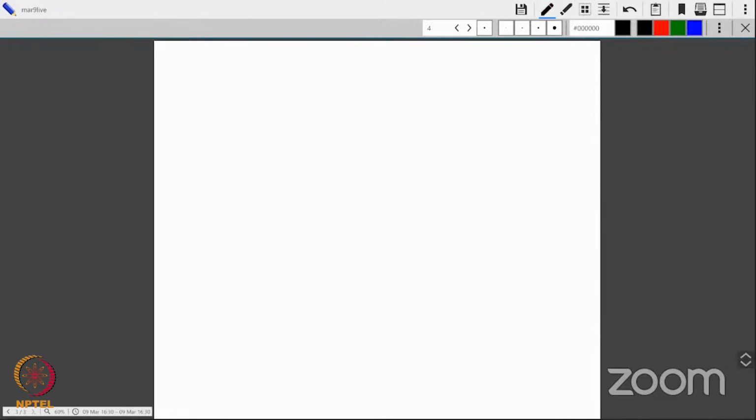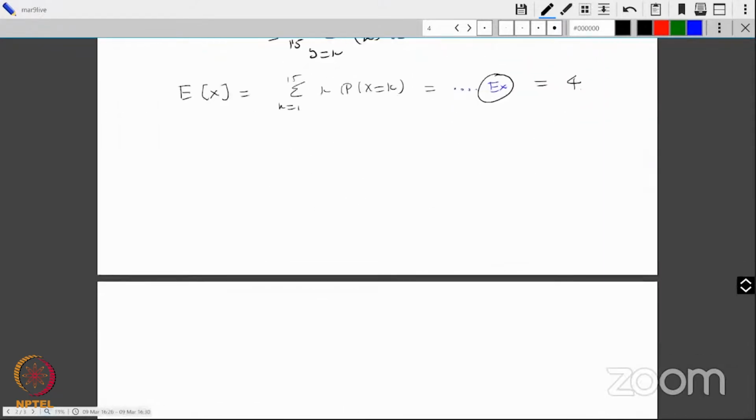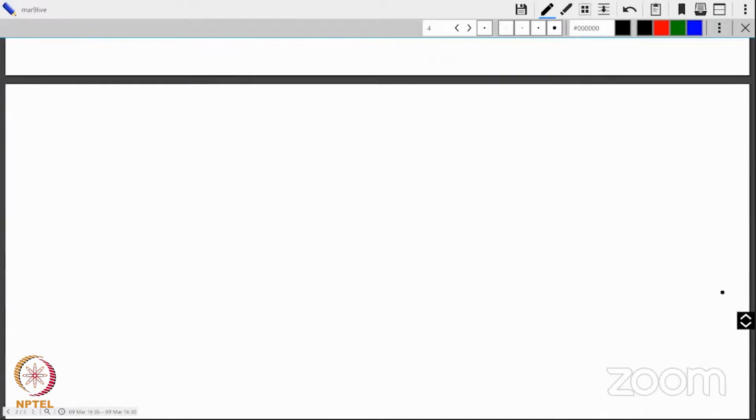So now let me proceed to the next problem that I want to discuss. This is from homework 8. So the problem is the following. Let's say you do, just 1 second.